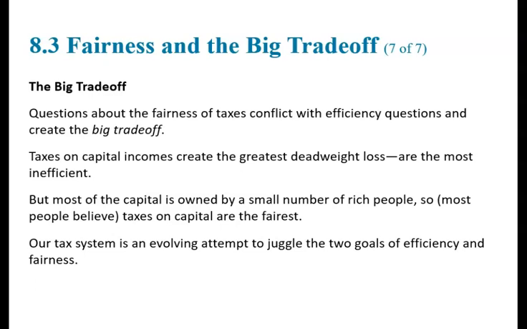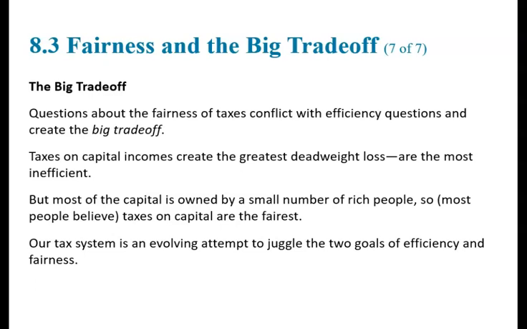So on the surface, it seems that it would not be an ideal situation because of the great deadweight loss which occurs, but since most of the capital is owned by or demanded by a small number of rich people, most of the people believe that taxes on capital are actually very fair, because once again, the burden is actually falling on the richer segment of the population.